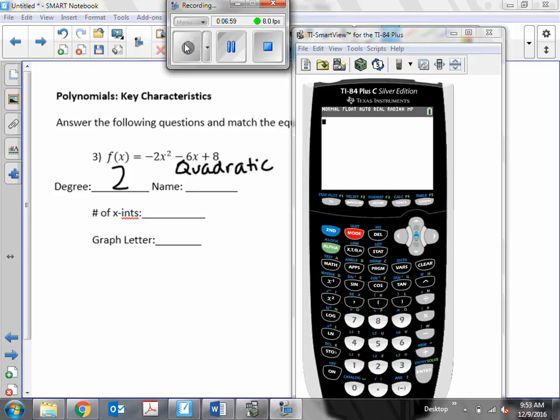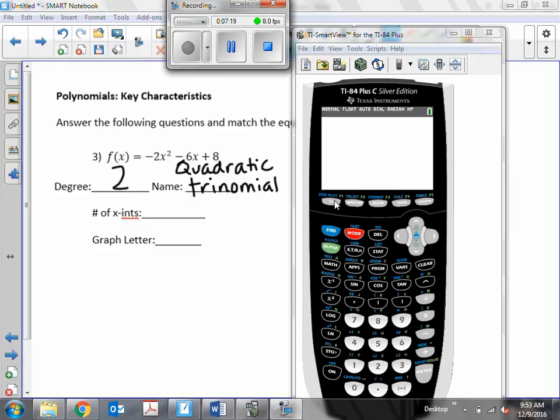And then we have to count the number of terms to be able to figure out what the second name is. Well, since it has 1, 2, 3 terms right here, 3 terms we call a trinomial. So this polynomial's name would be considered a quadratic trinomial.